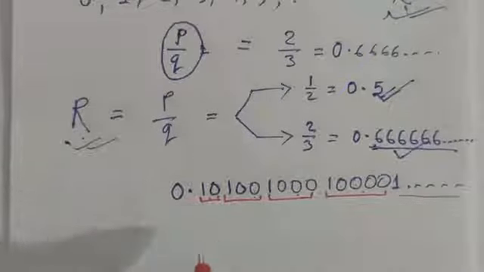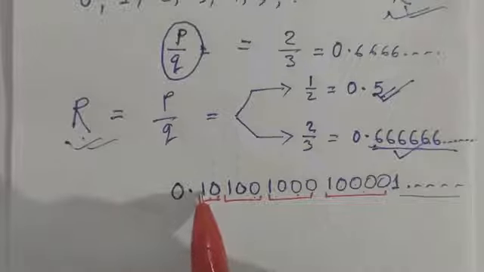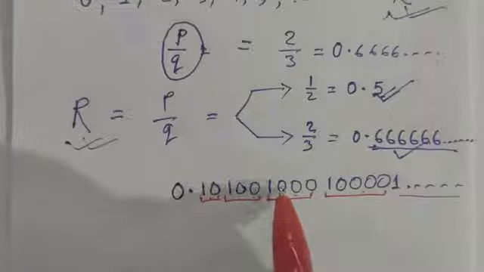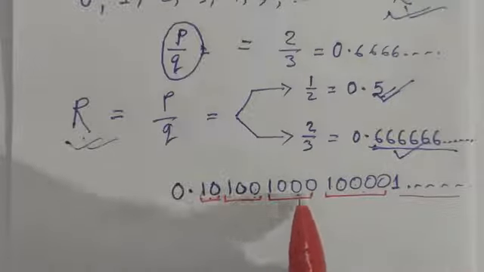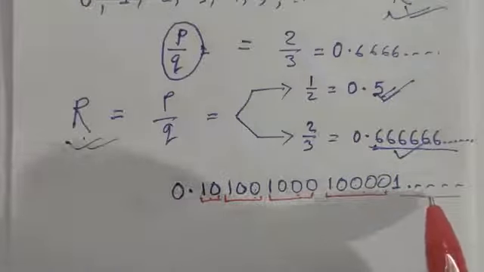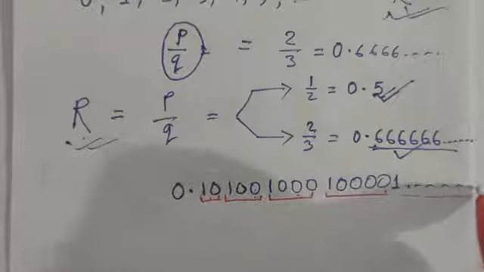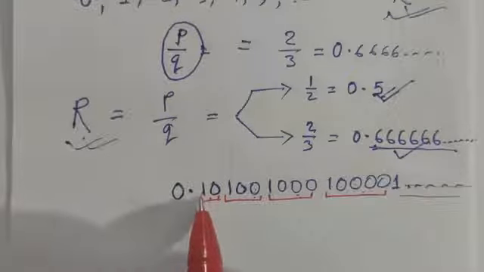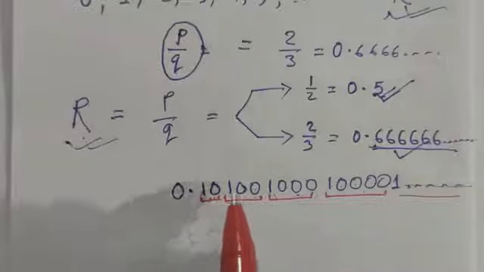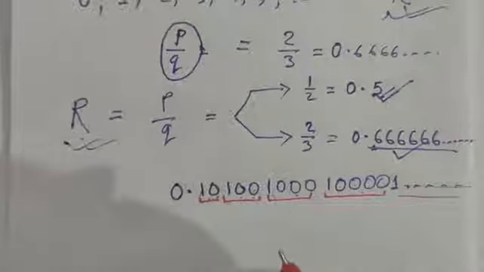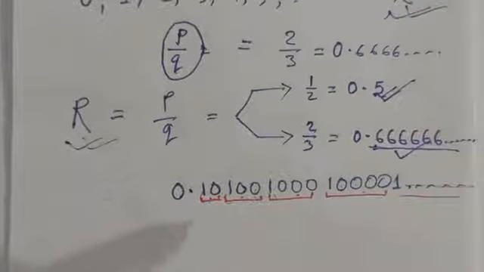No. They are coming like 10, then 100, then 1000, and it will go on increasing. So this is called non-terminating and non-repeating. It is non-terminating because it will go on, and it is not repeating because there is 10, 100, 1000.